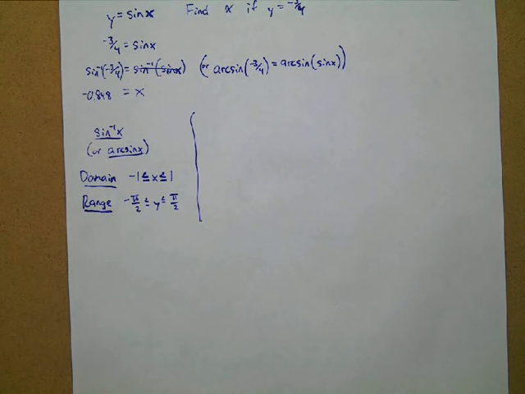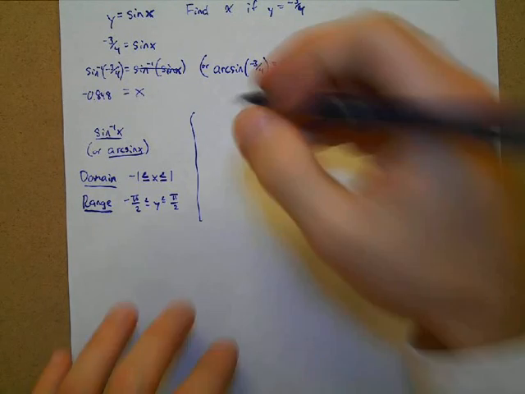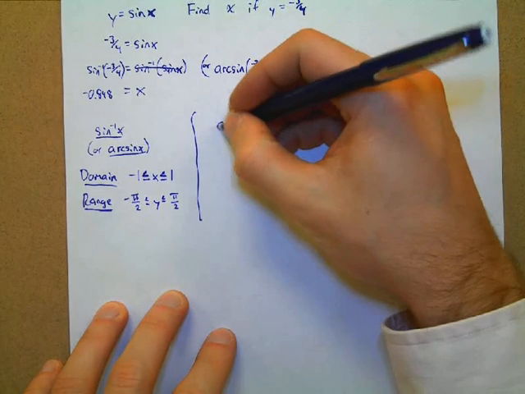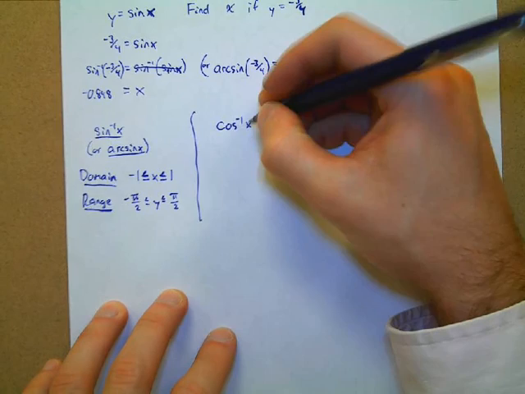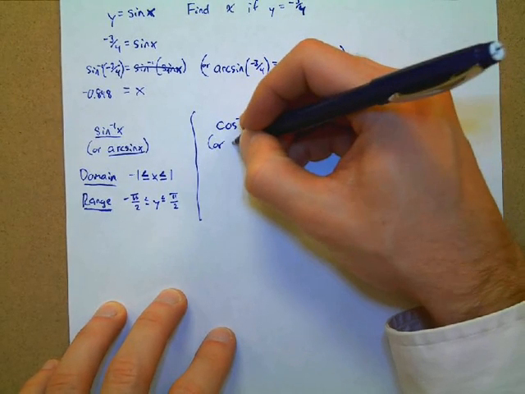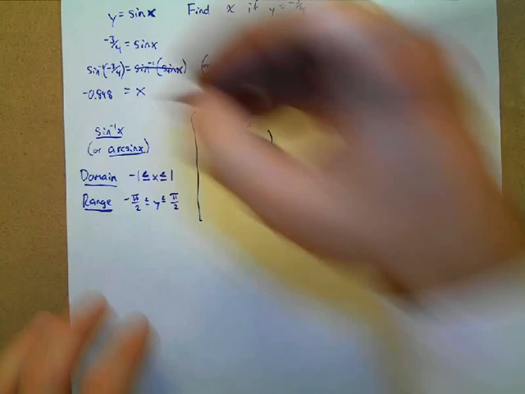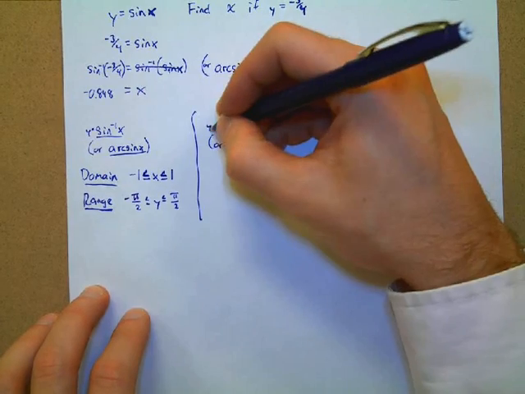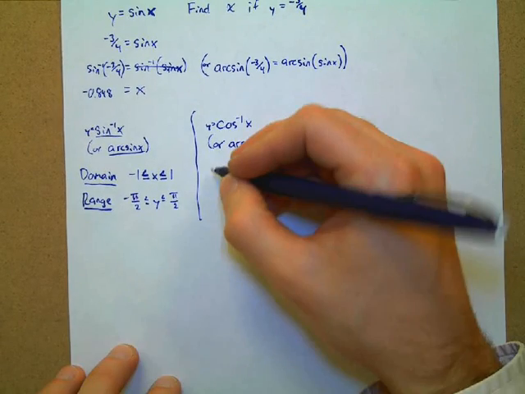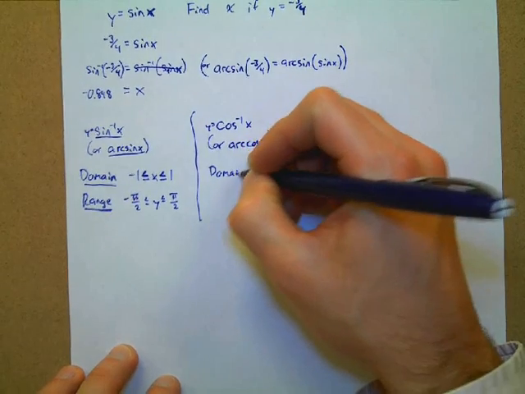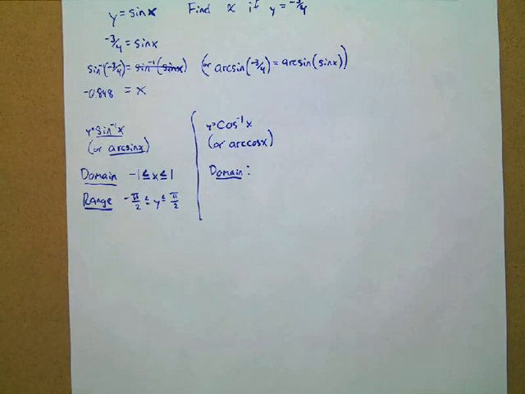Then, let's look at cosine inverse, also known as arc cosine. The domain for cosine inverse also is going to be -1 to 1, because the range of cosine is -1 to 1, so the domain will be -1 to 1 for arc cosine, inverse cosine.